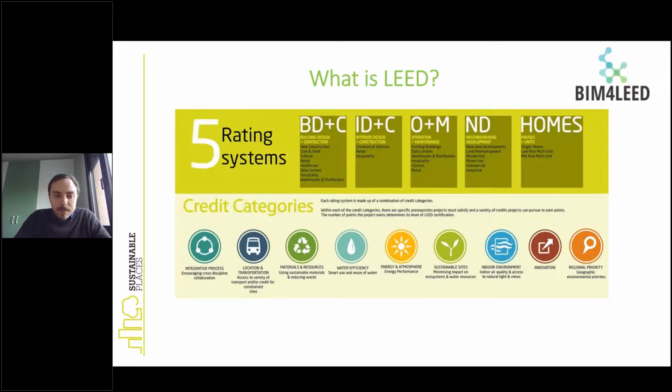Each one is subdivided into different credit categories: location, transportation, materials and resources, water efficiency, energy and atmosphere, sustainable sites, indoor environmental quality, innovation, and integrative process, which are more design categories.